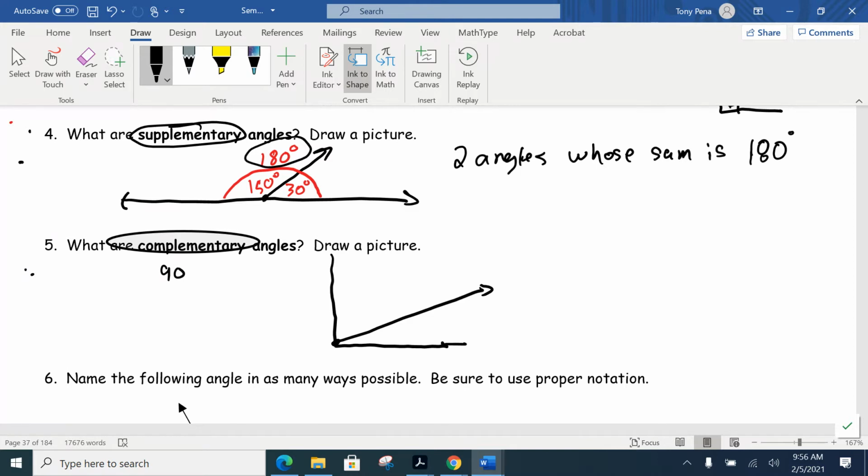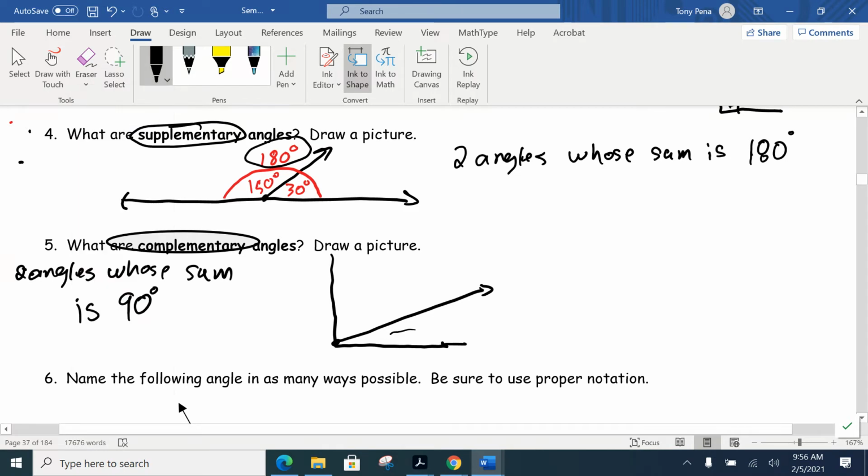If they are two angles, so let's write this in, two angles whose sum is 90 degrees, then if this overall is 90, let's say I tell you that this first angle is 20 degrees, then we would know if these all together make up a 90-degree angle, if they're complementary, then this would have to be 70 degrees. That's what complementary means. Those two angles have a sum of 90 degrees, okay?